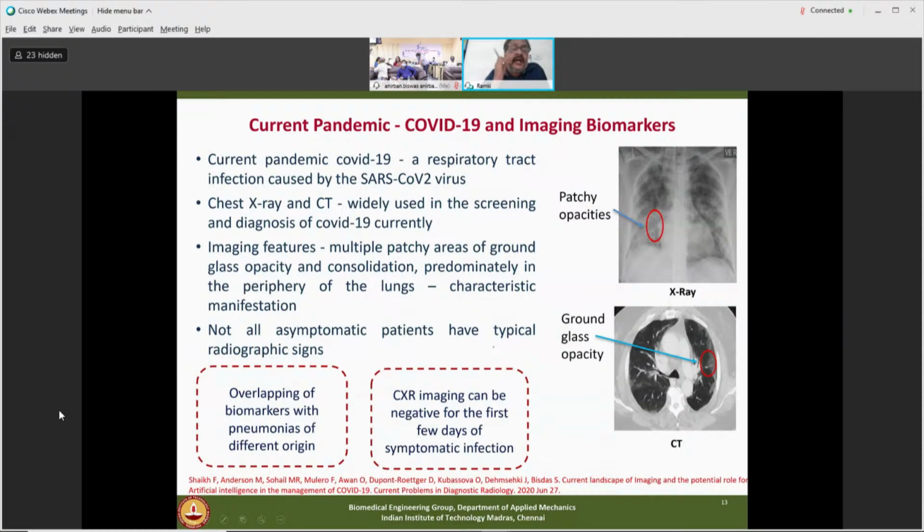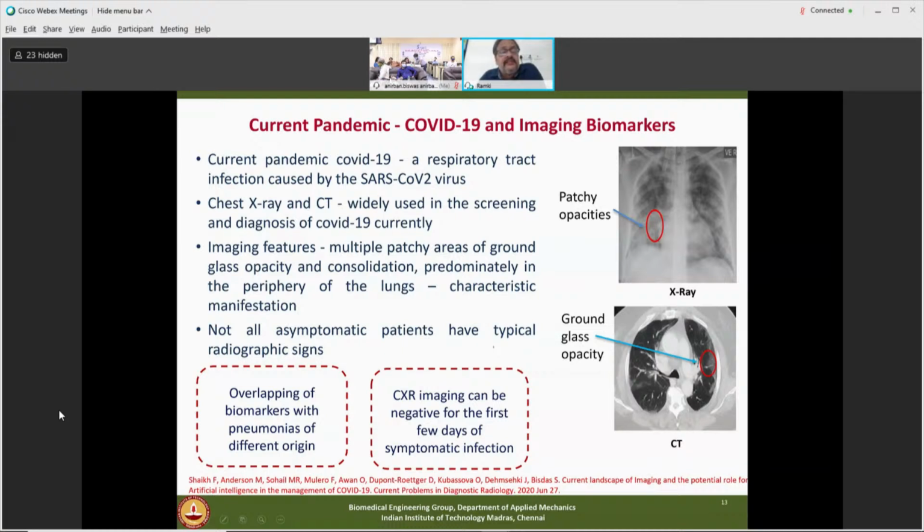Look at current pandemic issues. If you look at COVID-19 and imaging biomarkers, there are different kinds of reports, contrary reports, different observations have been reported in the literature. Essentially it is a respiratory tract infection caused by this virus, and X-rays and CTs are widely used everywhere.